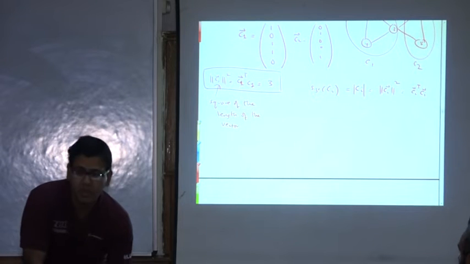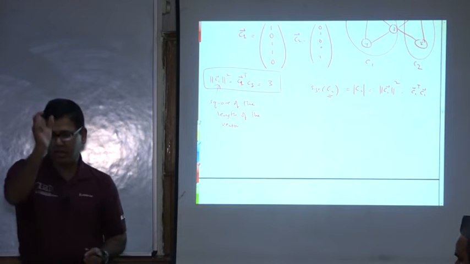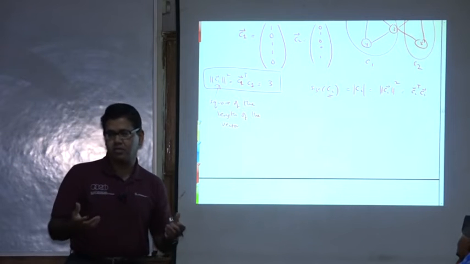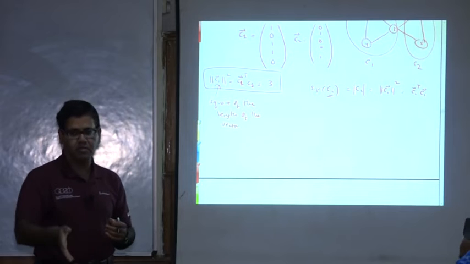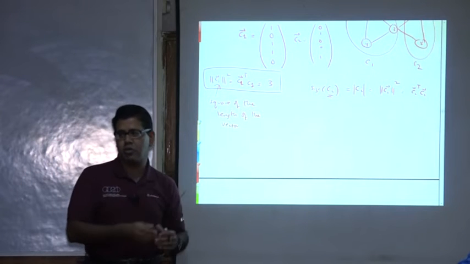I'm misusing my notation here, but I'm using the following convention: without the arrow is the cluster, and with the arrow is the indicator vector. If I'm talking about vectors, it is just a binary vector. If I'm talking about a cluster, it's just a set of which points belong to that set.